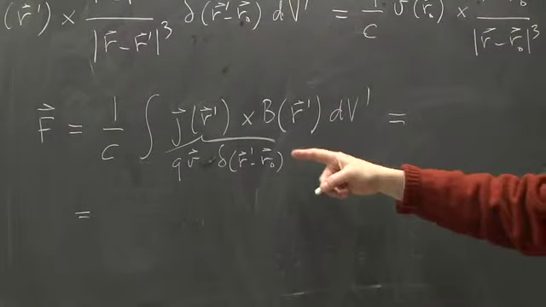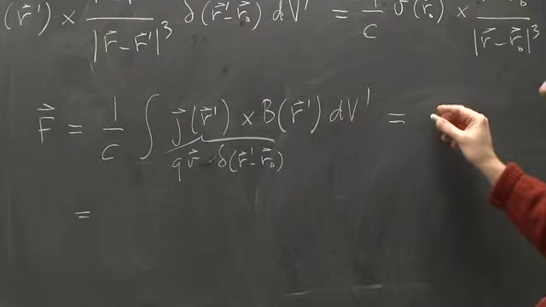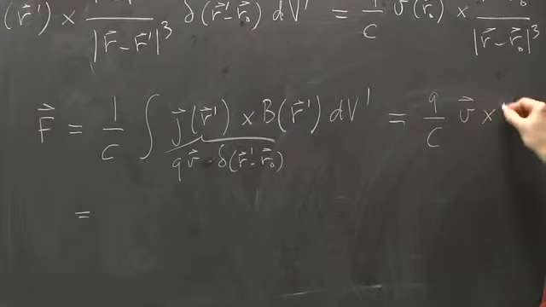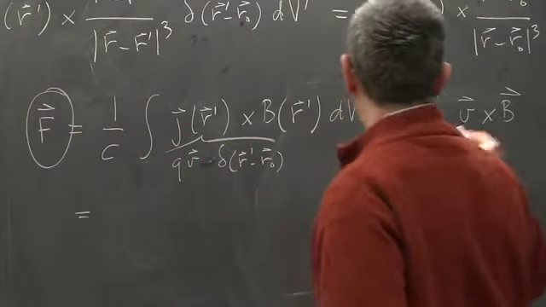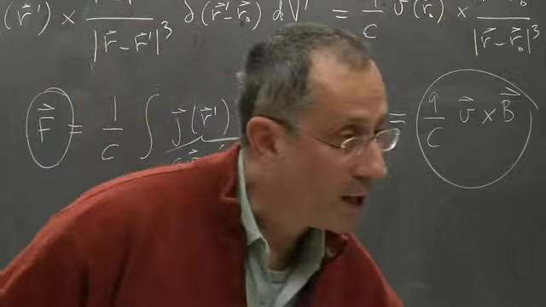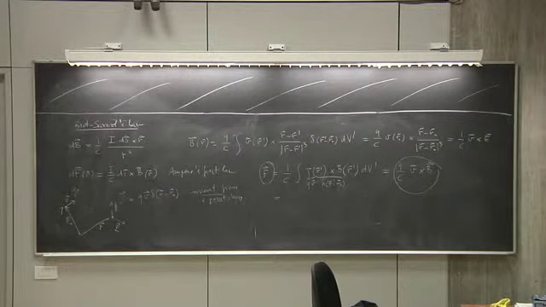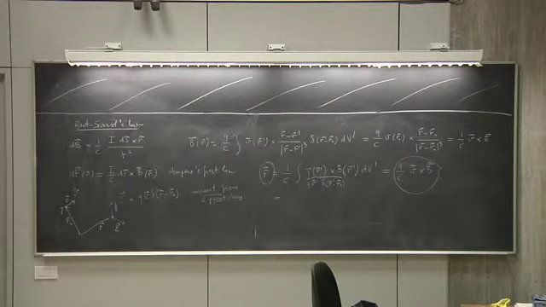And like before, the delta function allows me to do the integral right away, so I get Q over C V cross B. So the force is equal to this. And this you should be able to recognize right away is exactly the Lorentz force due to a magnetic field.